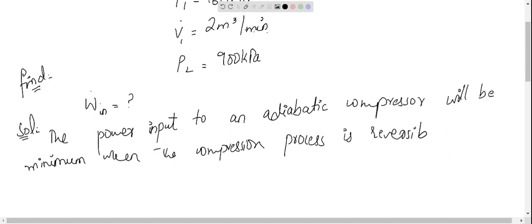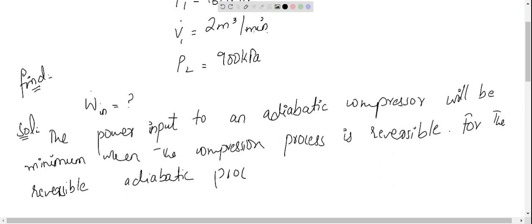So the power input is minimum to an adiabatic compressor when the compression process is reversible. So for the reversible adiabatic process, we have S2 equals S1.